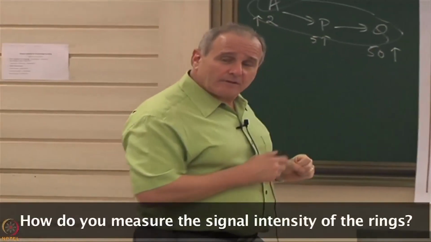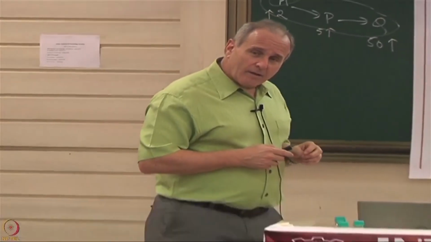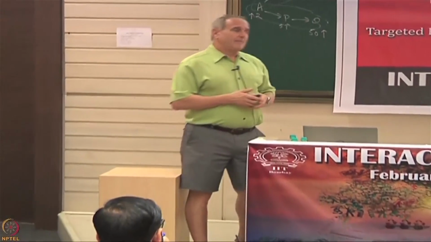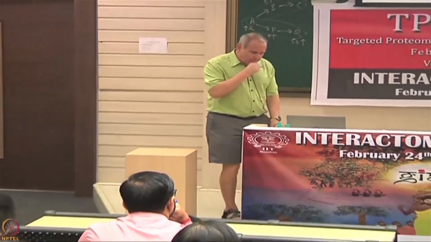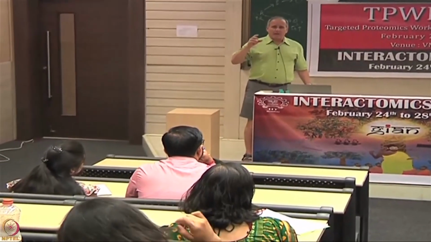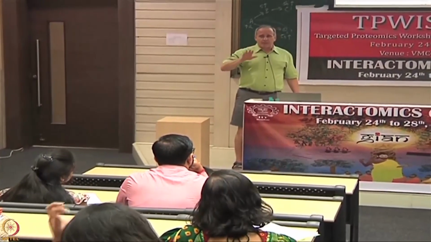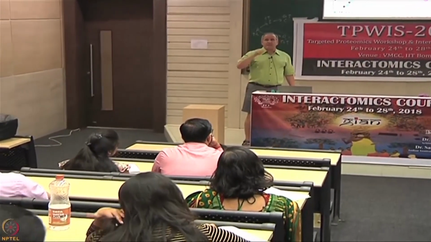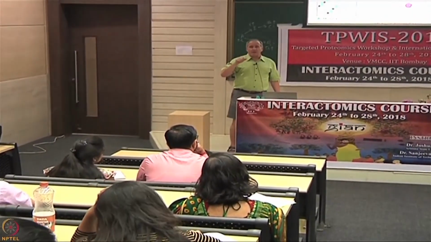And yes? What does the ring basically mean here? The ring. Yes. Oh, how do we get the value for that? Yeah, that's a little complicated. What we do currently is we have a software application that pulls up the images, and the investigator doesn't know what the spots are.